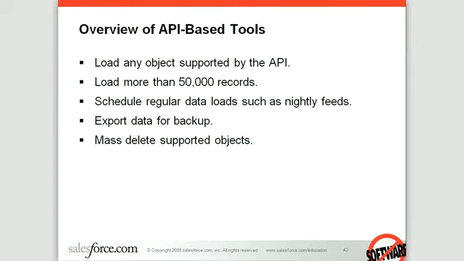That runs in a command line mode, and therefore we could create a cron job or something like that that fires off the batch file on a nightly basis. You can also export, but that's also true of the wizards. Mass delete too.